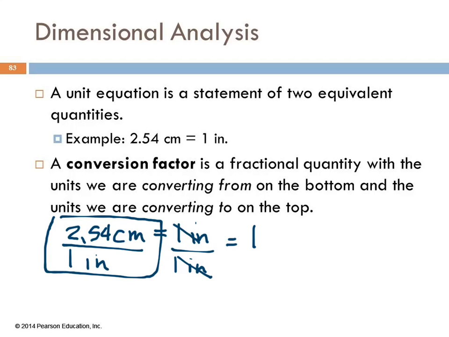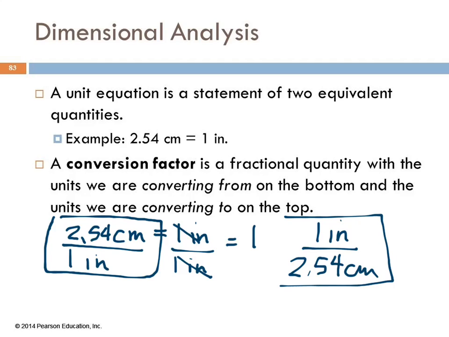If we multiply something by 1, does it change the value? No, it does not change the quantity. So that is one unit factor that we can get from this unit equation. The other is the upside down. If we took both sides divided by 2.54 centimeters, we'd get 1 inch per 2.54 centimeters. That's another conversion factor. Either one of those could be used.